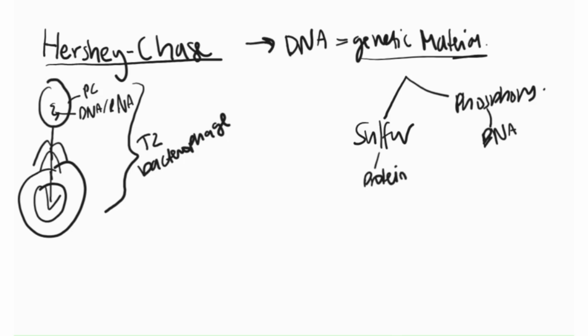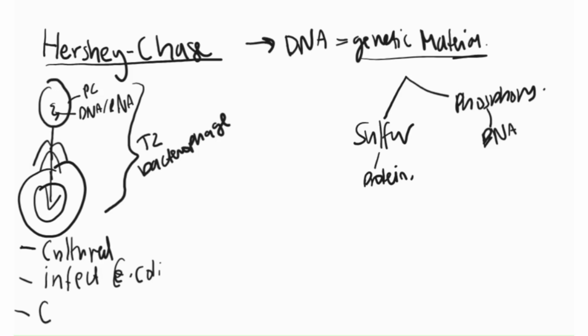Now, what basically happened was the viruses were cultured, then they were allowed to infect E. coli, which is a type of bacteria, and then they underwent something called centrifugation. So they were centrifuged.